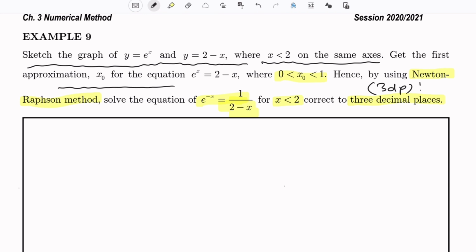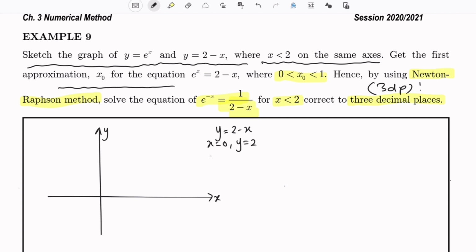So first, you need to sketch the graph. So, let's draw the axis. So we have the axis here. So this is y-axis, x-axis. So for y equals 2 minus x, x is 0, y equal to 2, y is 0, x equal to 2. So make sure you have proper scale.